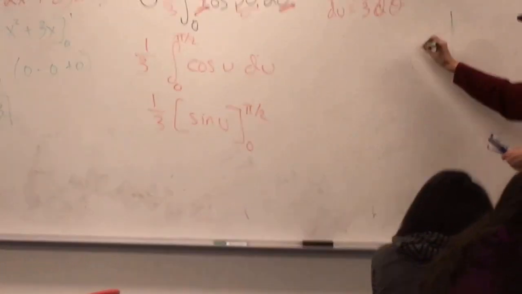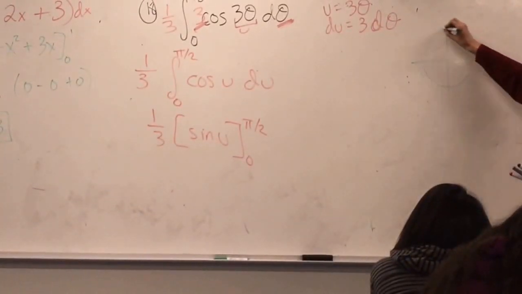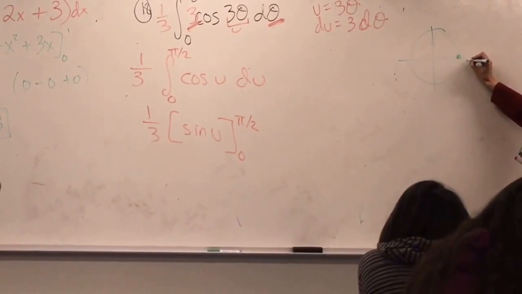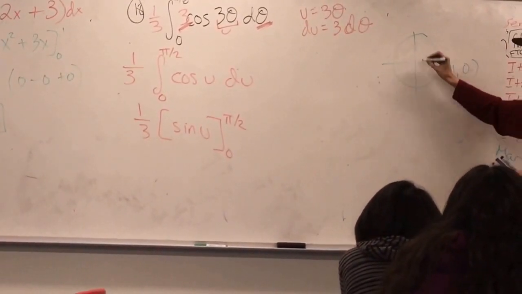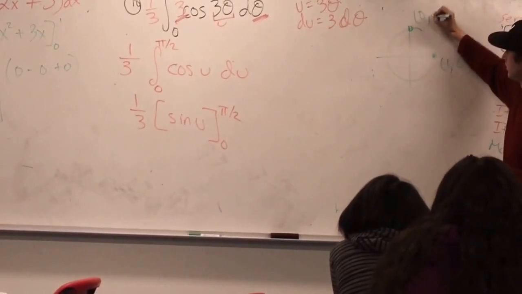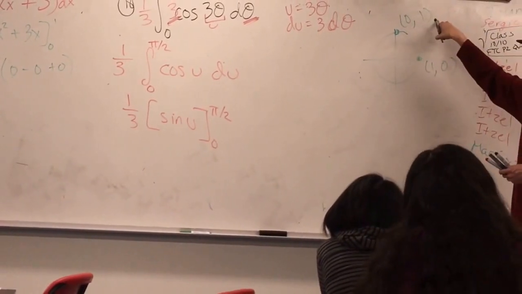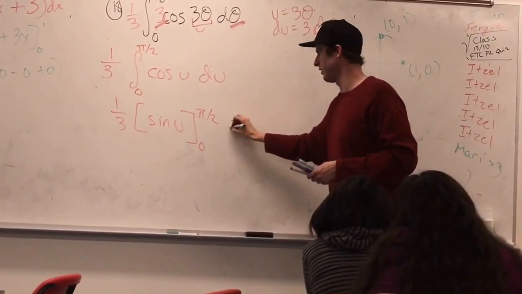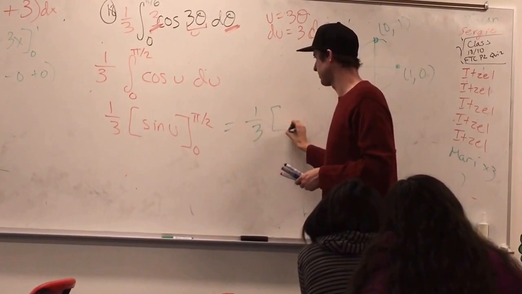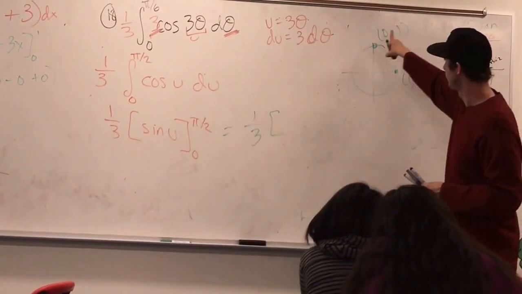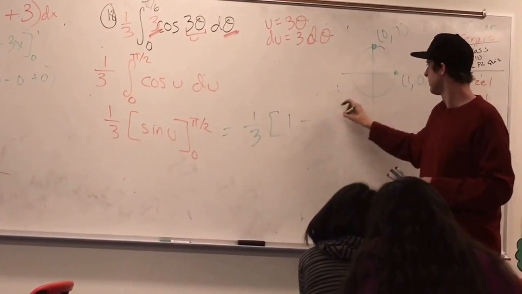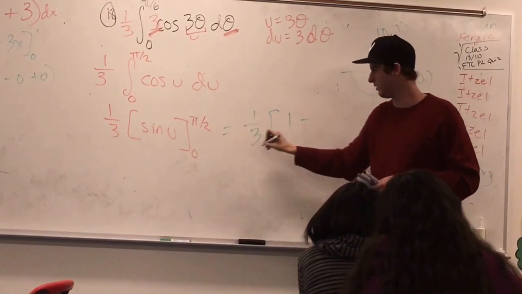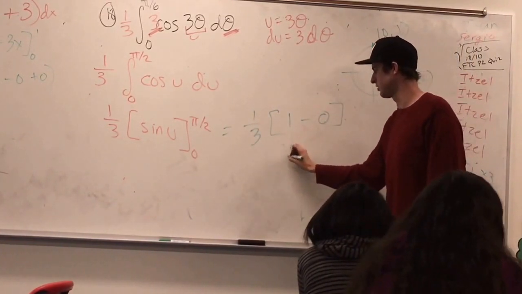If you don't, it's not even that whole table, it's just your outside circle. 0 is 1, 0. Pi over 2 is 0, 1. Sine is the second one. So this is 1/3 times sine of pi over 2, which is 1, minus sine of 0, so it's just 1/3.